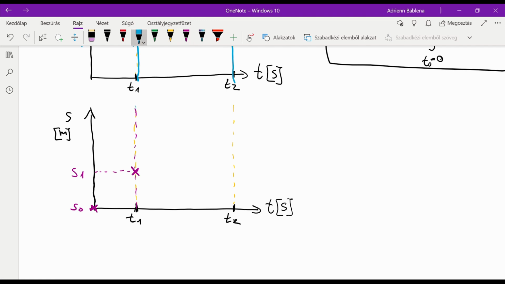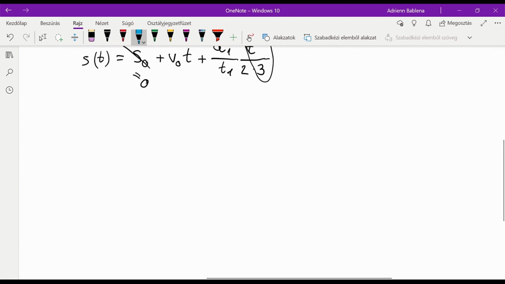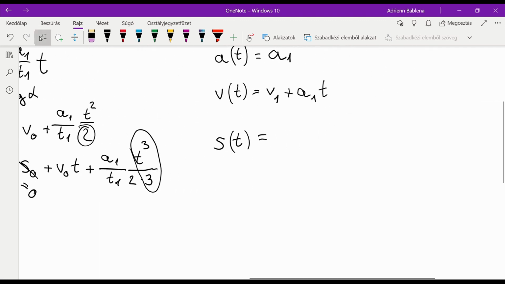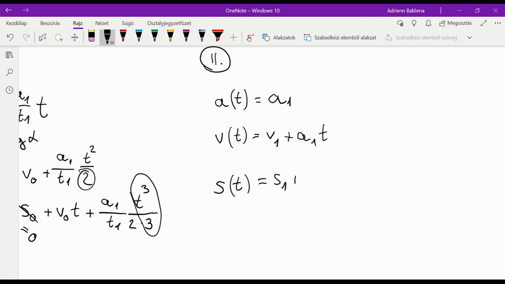When we are between the blue lines, our initial value is S1. So that's the constant part we have to write into our equation, S1, plus the integral of the velocity function, v1 times t plus 1 over 2 a1 t squared, or a1 times t squared over 2. It doesn't really matter.